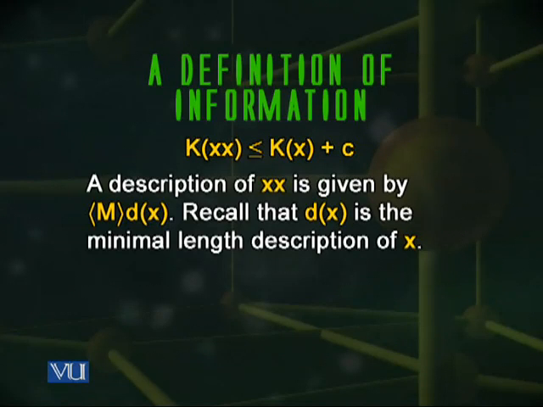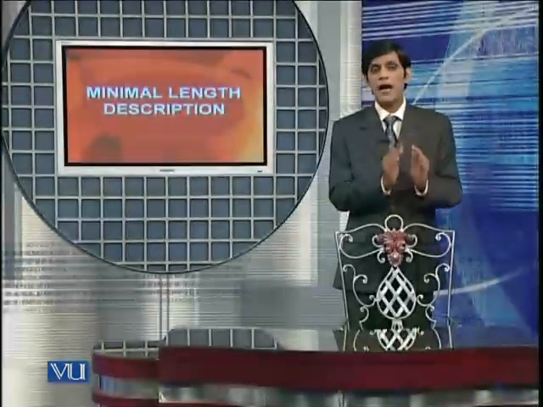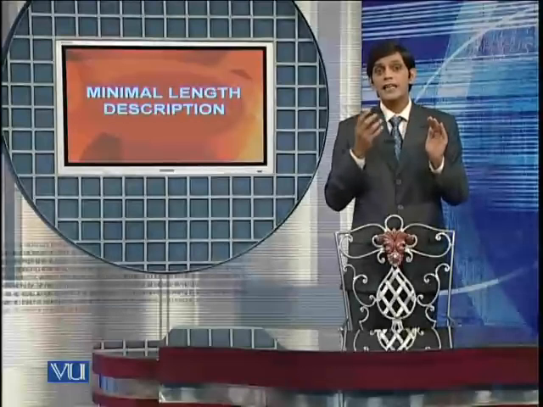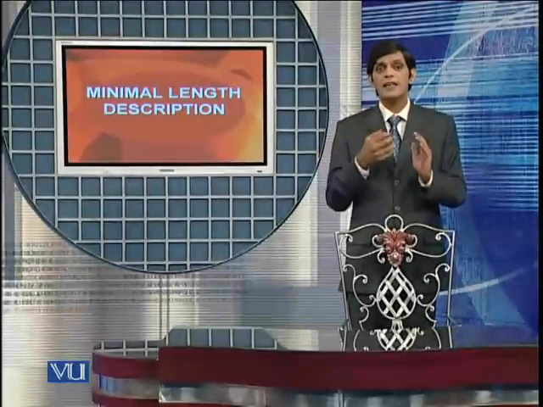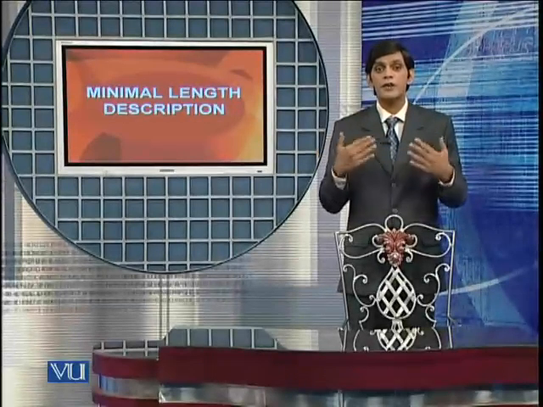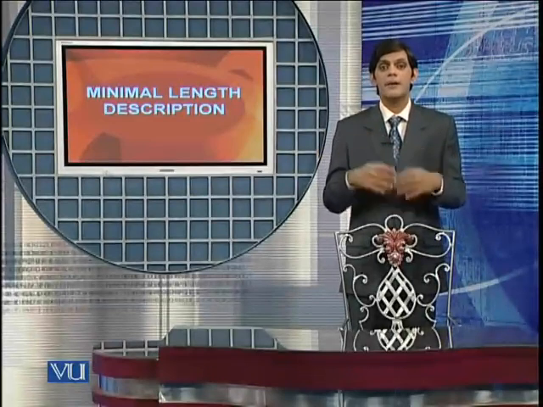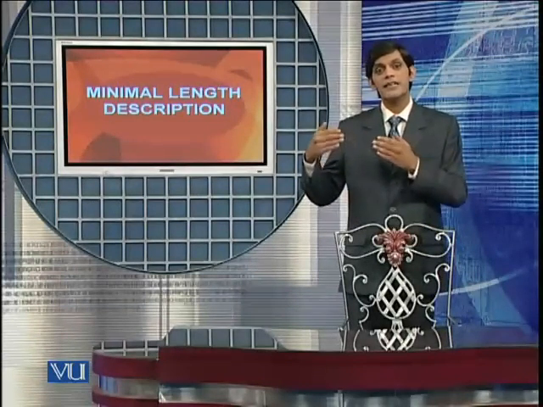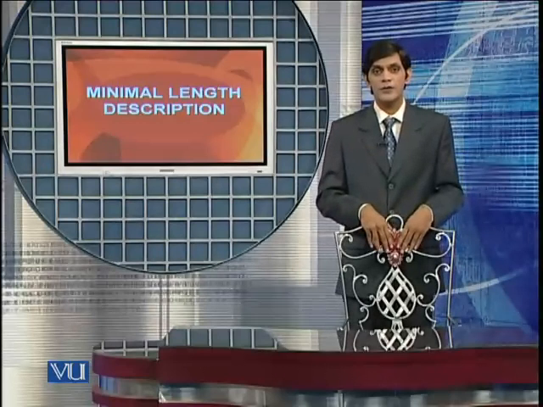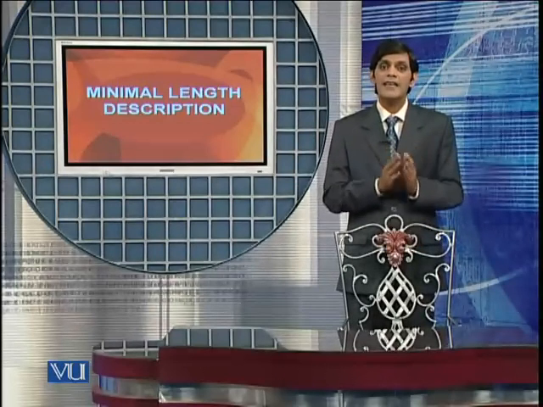Recall that d of x is the minimum length description of x. Clearly, if I give M the input d of x, then it would first compute x and then double it. So it would eventually print xx on its output tape. So I can describe xx by this Turing machine M followed by d of x.